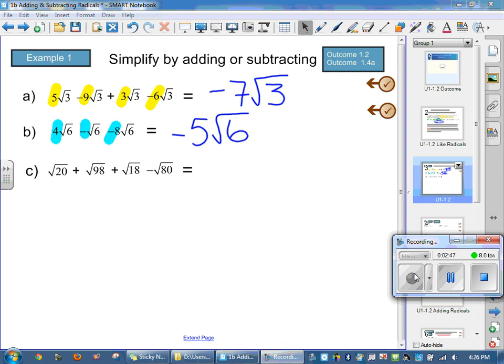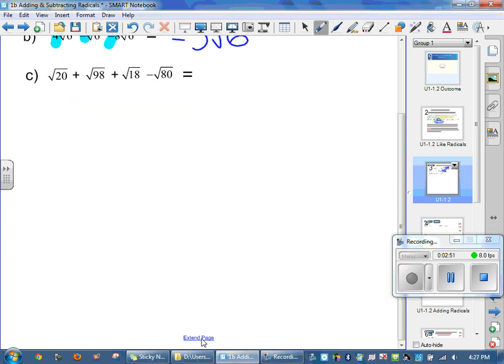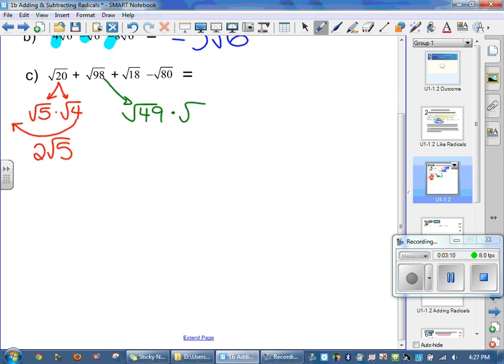For root 20, we know that root 20 can be broken down into root 5 times root 4. Root 4 is our perfect square, so we take it out, and we get 2 root 5. Root 98, similarly, is root 49 times root 2, which gives us 7 root 2.